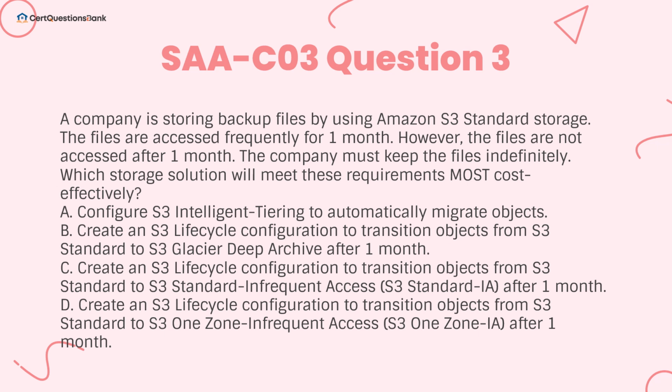C. Create an S3 lifecycle configuration to transition objects from S3 Standard to S3 Standard-IA after 1 month. D. Create an S3 lifecycle configuration to transition objects from S3 Standard to S3 One Zone-IA after 1 month.